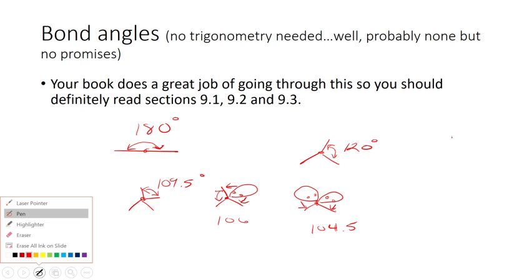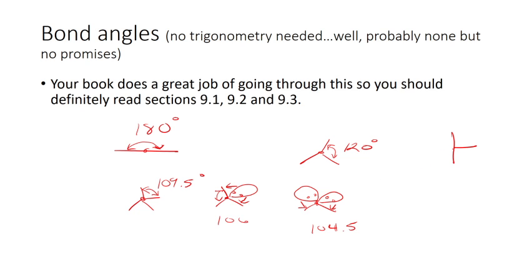Then if we look at the other two base shapes, our trigonal bipyramidal, we have two different angles. Here we have a 90 degree, because that's between an upright and something, essentially between something on the X and Y axis. And then around the center, we can think about it as trigonal planar, which means we've got 120.